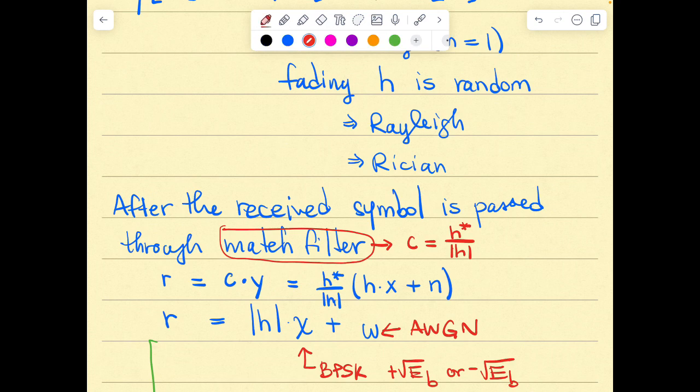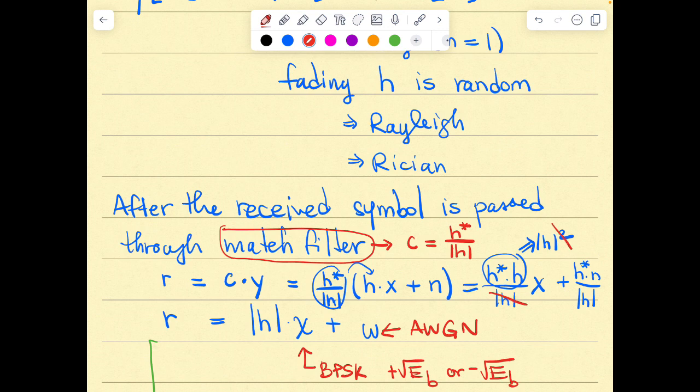If we multiply it in, you get h conjugate multiplied with h divided by the magnitude of h, multiplied with x, plus h conjugate multiplied with the noise symbol divided by the magnitude of h. So you look at this h conjugate multiplied with h. This is the norm of h squared. And you see that one factor can be cancelled out.